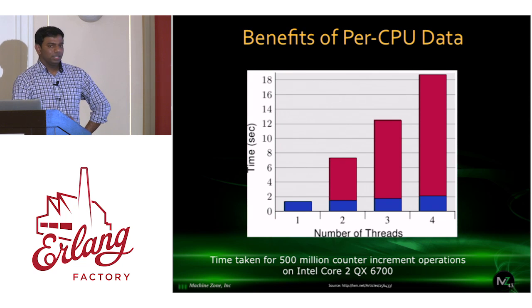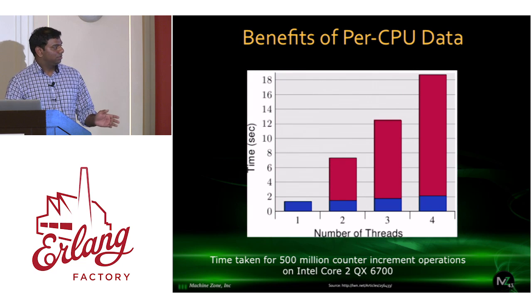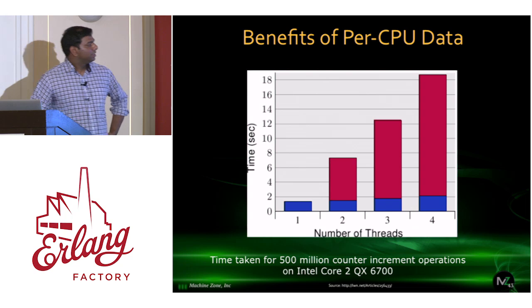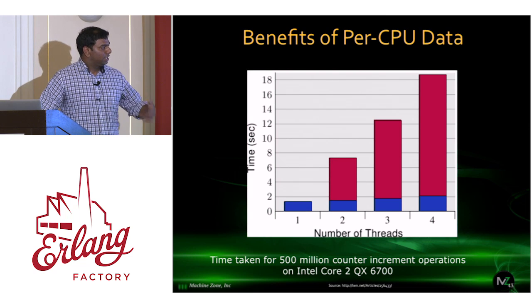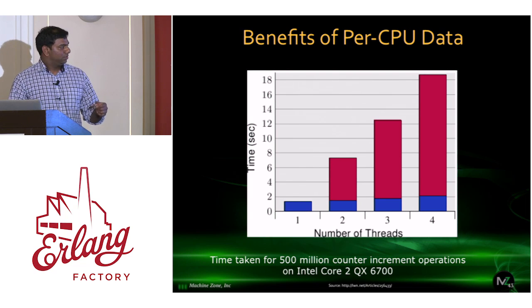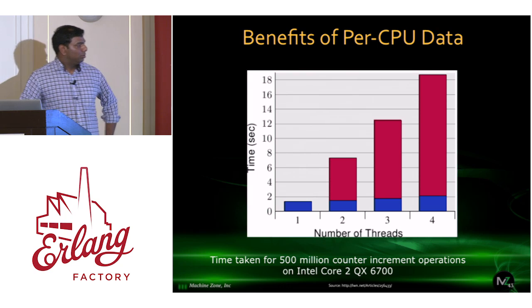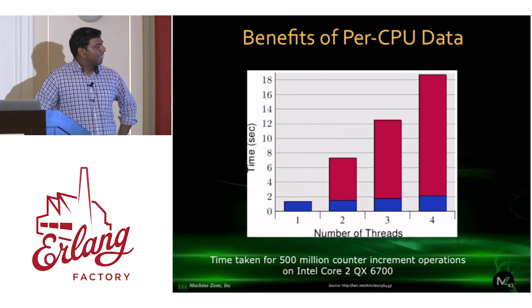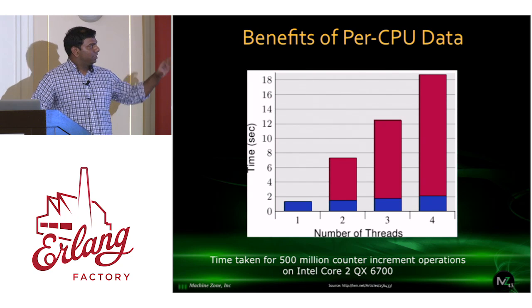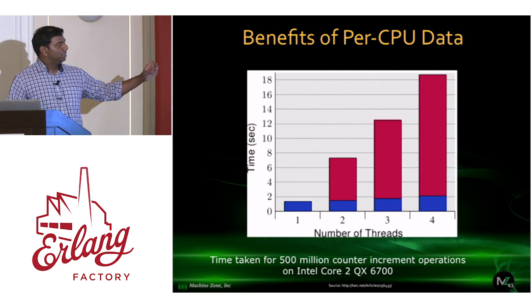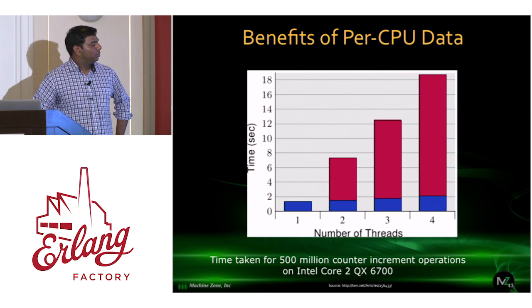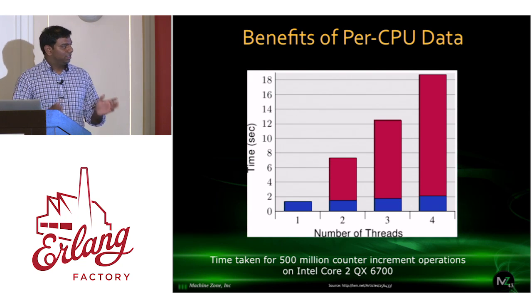But when they split it across multiple cache lines, one per CPU, the blue bar is the amount of time taken per CPU. Obviously, the blue bar is very small relatively. And now if we consider the difference between the total bar and the blue bar, the red bar is the overhead of all the CPUs using the same cache line.